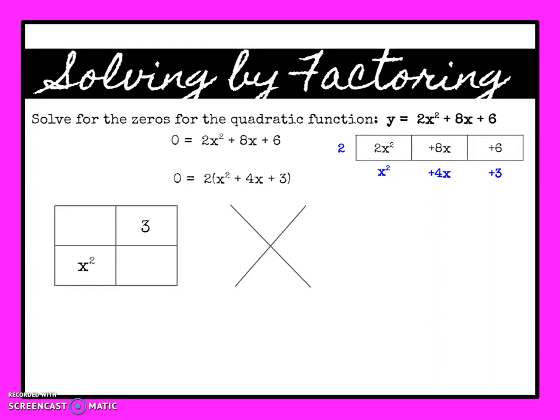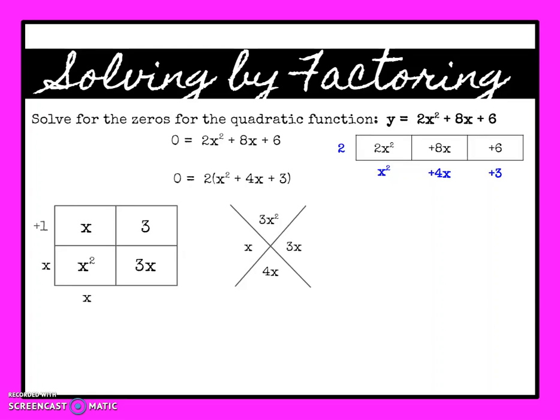So I'm going to go through the process of factoring x squared plus 4x plus 3 by multiplying my ax squared term and my c term, writing the b term as my sum for my diamond, and looking at my factors of 3x squared. There's only one pair of factors that give you 3x squared that add to 4x, and that's x and 3x.